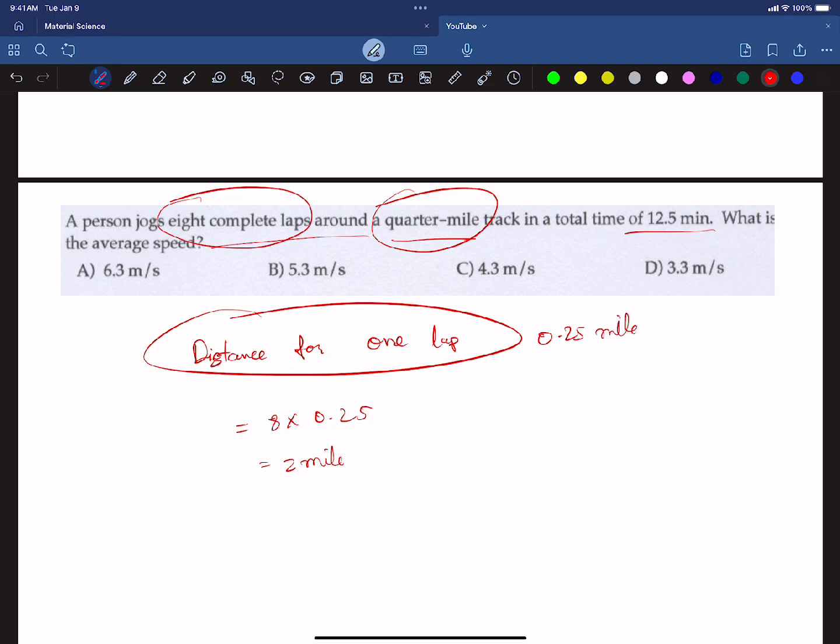Now we need to find the total distance for 8 laps. So we'll multiply 8 times quarter mile, which will give you 2 miles. So this is the total distance covered in the 8 laps.